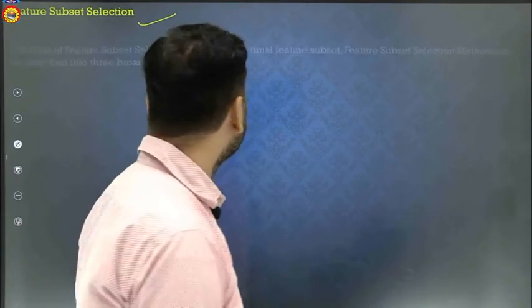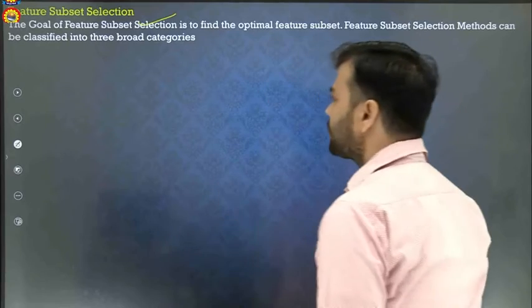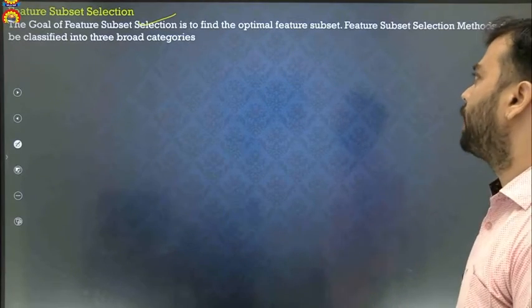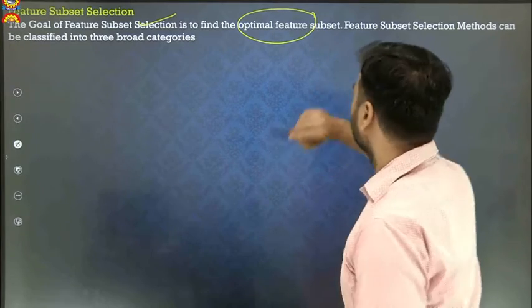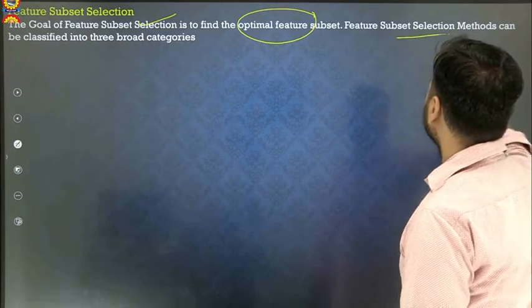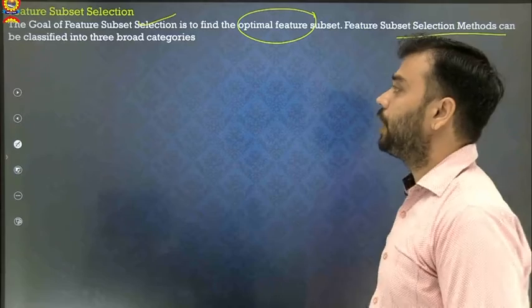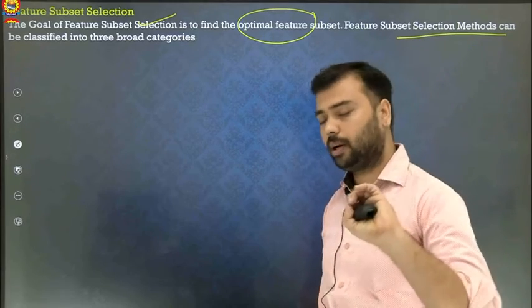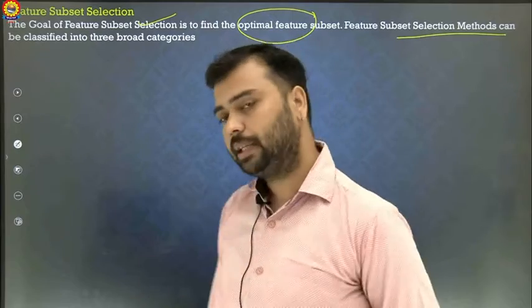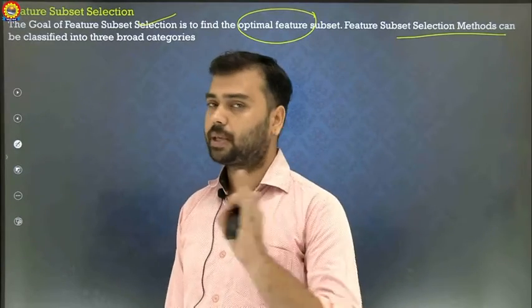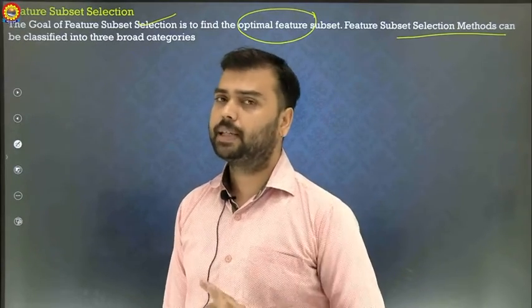As per our syllabus, we use three methods: the filter method, the embedded method, and the wrapped method. The goal of feature subset selection is to find the optimal features, which means a subset of the features. Feature subset selection methods can be classified into three basic categories: filter subset selection, wrapped subset selection, and embedded subset selection.